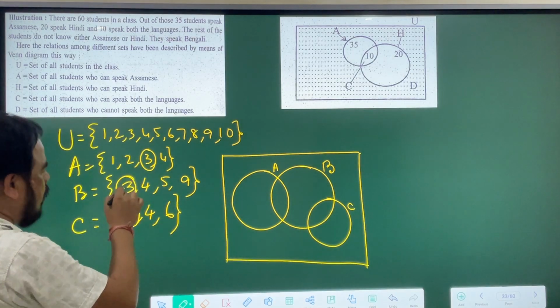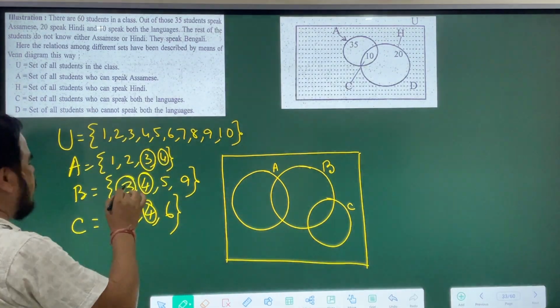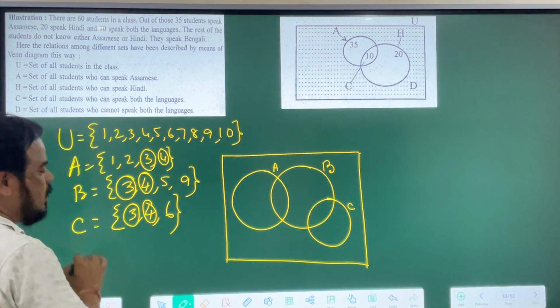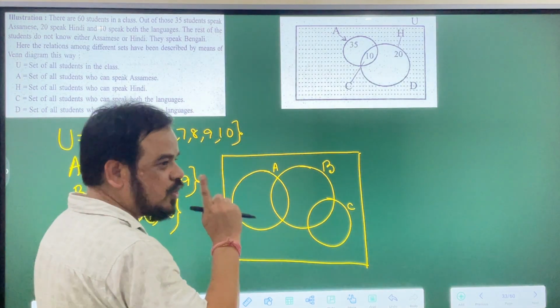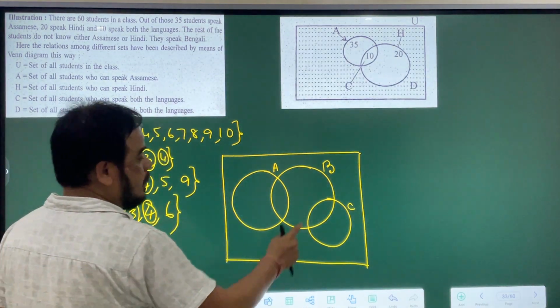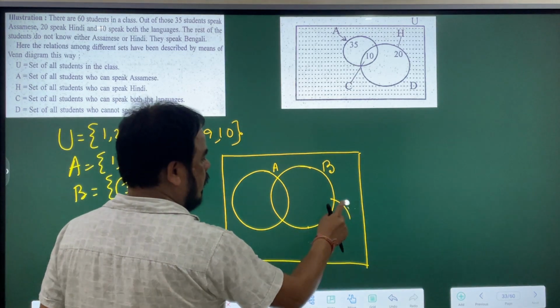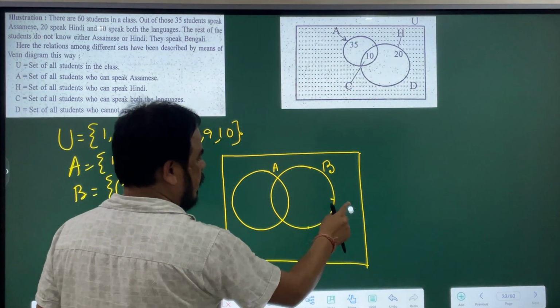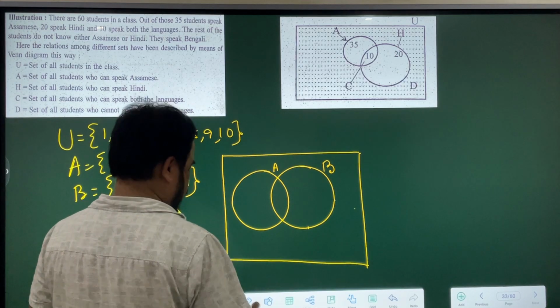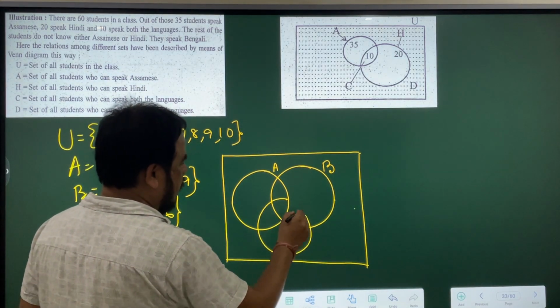That means one common element is there, one more is there. So two elements are common for all the three sets. So there should be one space which should be common for all the three sets. So that is very common sense. Okay, so we will draw a circle here like this.